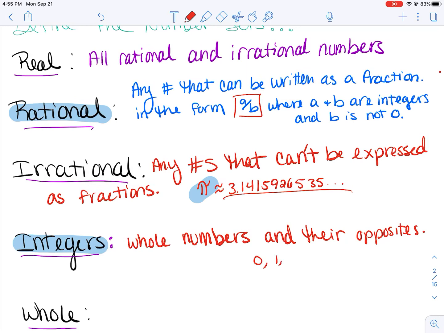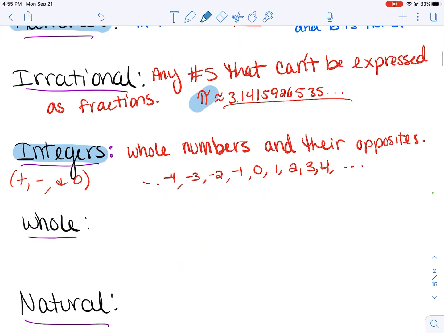So whole numbers, which we'll get to in a sec, are like 0, 1, 2, 3, 4. And the opposites, -1, -2, -3, -4, etc. So anything that generally shows up on your number line is considered an integer. Positives, negatives, and 0.